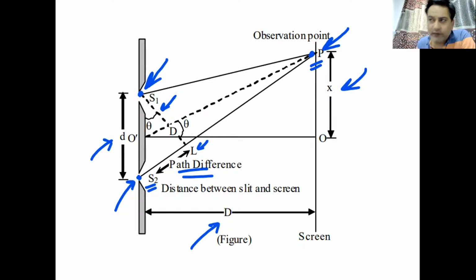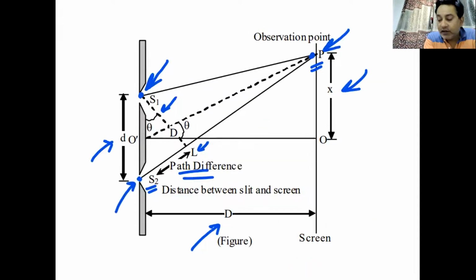To get the central fringe, do we remember the central fringe? Put the value of n as 0. So you will get the central fringe at the center, then dark, then first bright, then second dark, then second bright. Do we understand this?